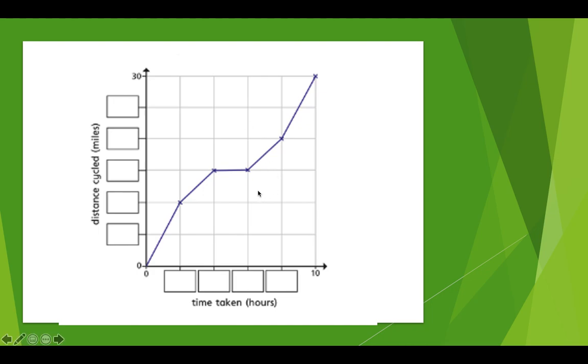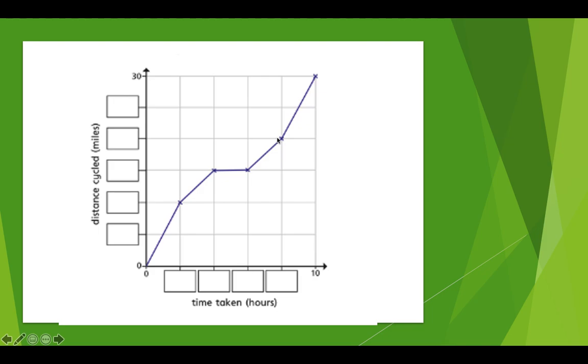And again, you can see that in 10 hours, this cyclist had done the most amount of miles. And we would expect that, wouldn't we? The longer you've cycled for, the more miles you have gone. But you can see, between which hours did he cycle the most?